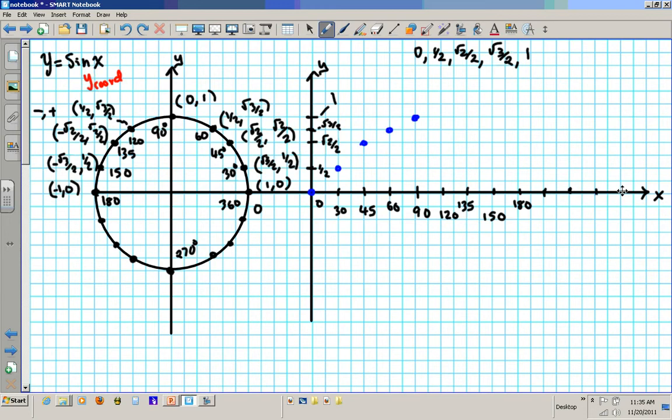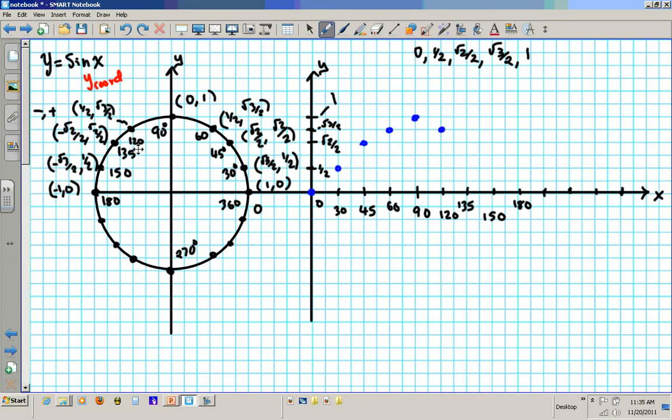Let's do this one. Okay. So guess what? The y-values are going to be the same, but the only difference is that the x-values are going to be negative. So let's graph it. For 120 degrees, we need just the y, which is root 3 over 2. So the 120 is going to go right here.